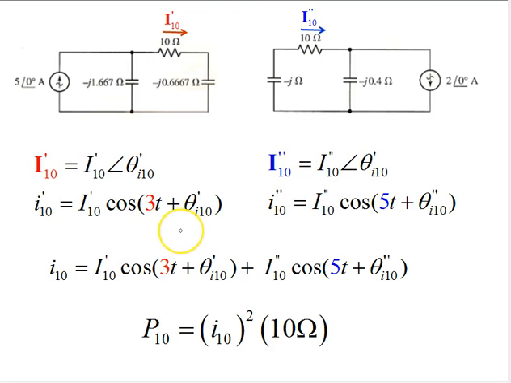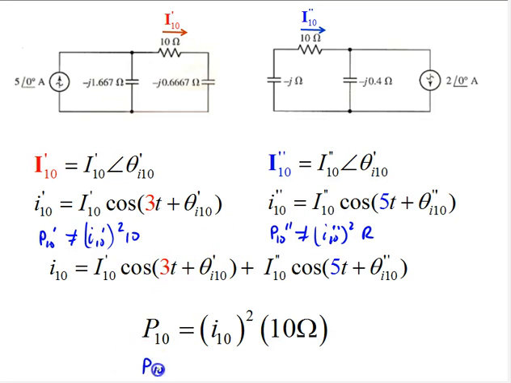We can't say that our P10 prime is equal to I10 prime squared times 10, and our P10 is not equal to P10 prime plus P10 double prime. We can't do that. Why can't we do that? Because power is not linear. But we can sum up the currents, square the final current, and multiply that by 10 ohms.